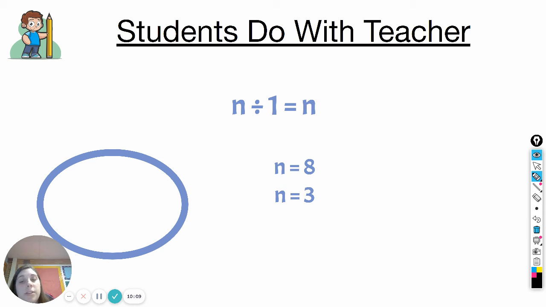Okay, let's do this last one. We're going to do n equals 3. So we'll do 3 divided by 1. Write that equation on your whiteboard. In your big circle, we need 3 dots. 1, 2, 3.